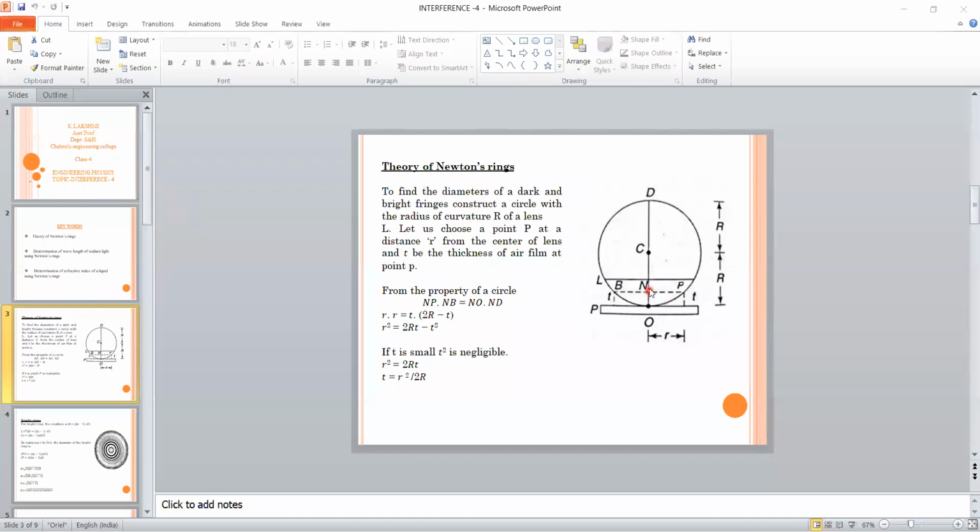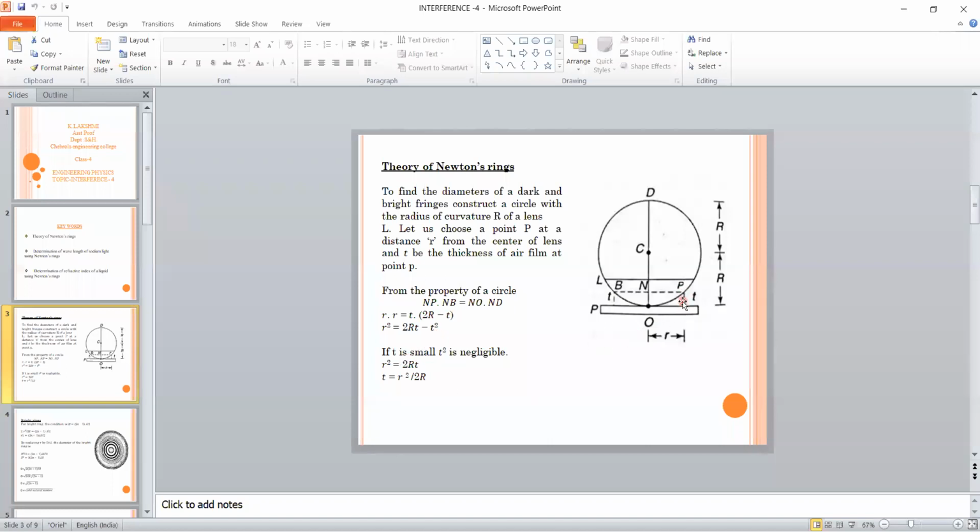Then finally we get the value of ND. So OD minus ON gives ND, that is 2R minus t. Now multiply: r into r, r square; t into 2R, 2Rt; t into t, t square.